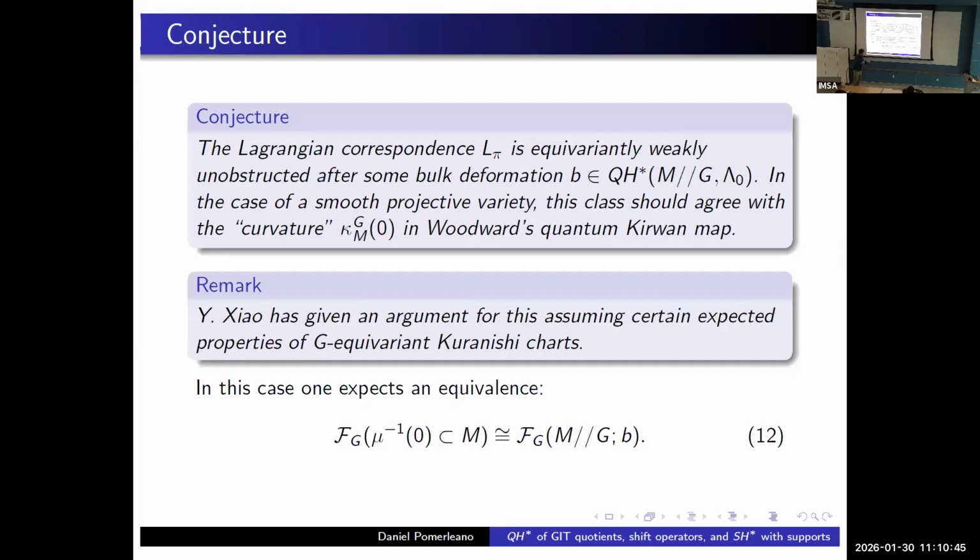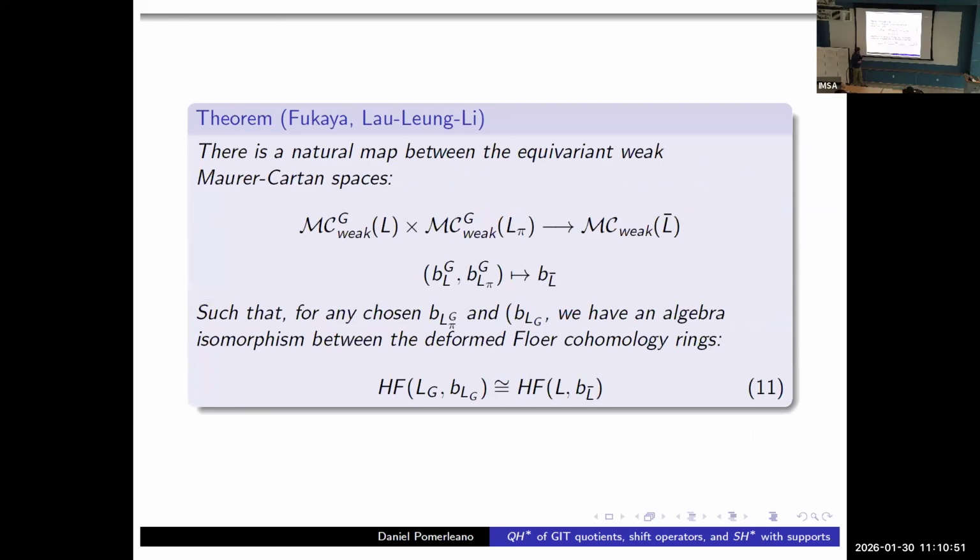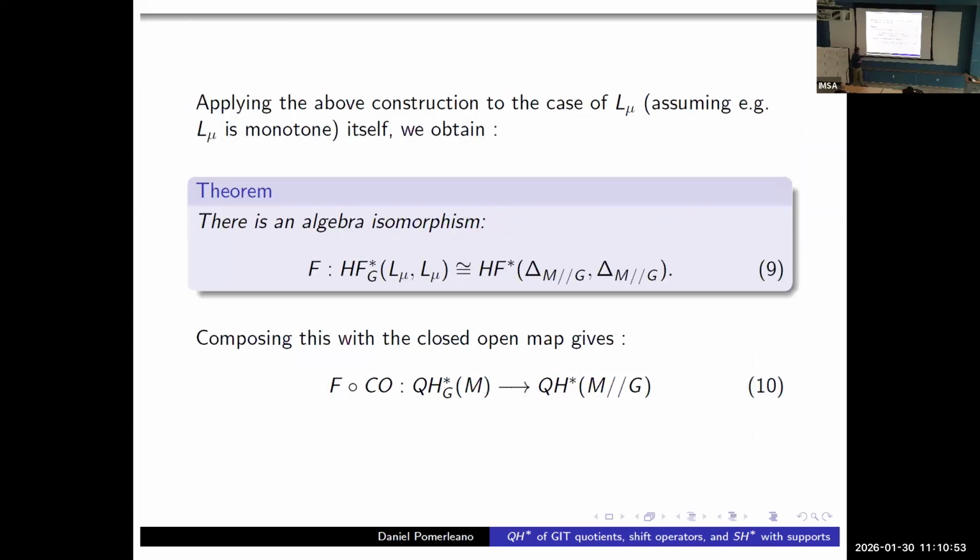So my next time, sorry, one more thing. I apologize for trying your patience, but in my talks, what I want to do is explain how one can calculate the kernels of these quantum Kirwan maps, to really get a ring presentation for the quantum cohomology of quotients.